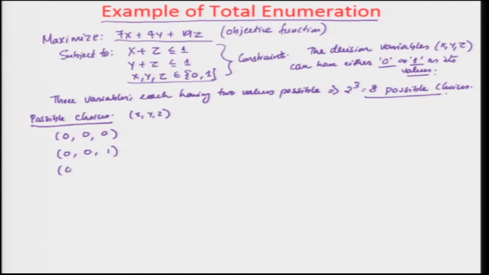The third choice is 0 1 0, where y takes the value 1. Then you can have 1 0 0, that is another possible combination, each one of them taking this particular value. Then we can have 0 1 1, where both y and z take the value of 1.